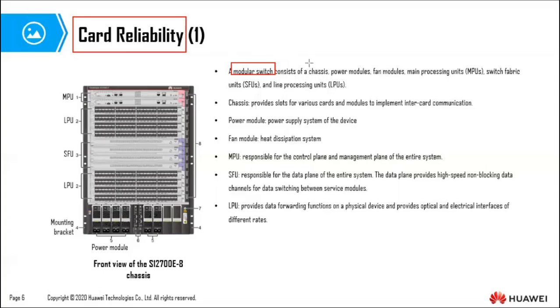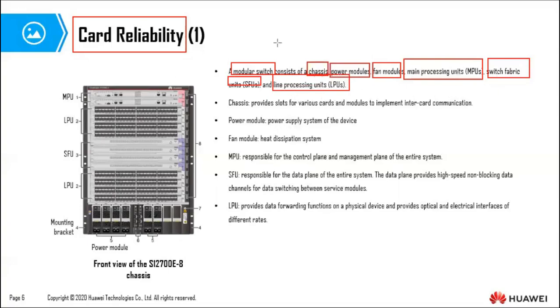Because they consist of different parts like the chassis, power modules, fan modules, main processing units, MPU, the switch fabric or SFU, and also the line processing units. Now, we have more than one of each of these parts, and they can be exchanged or replaced while the switch is still functioning.